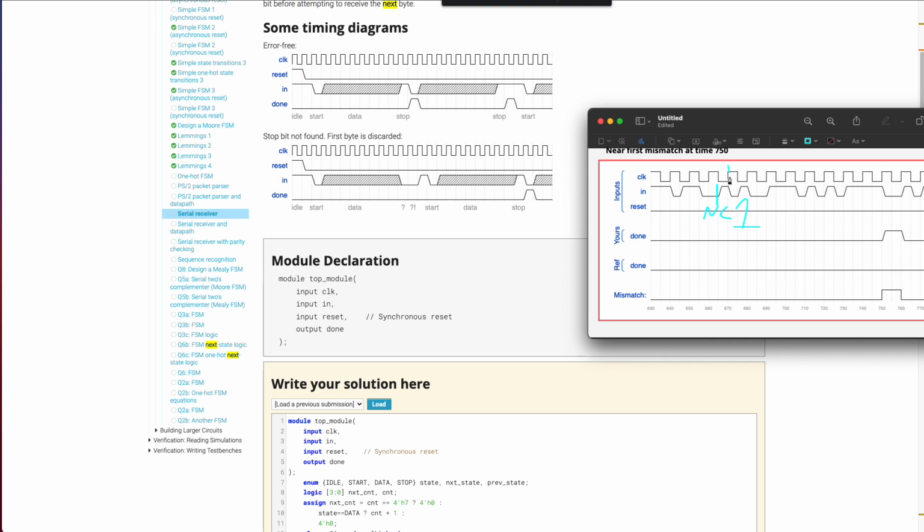So this is when data starts. This is when data ends. So I need to look at this cycle.